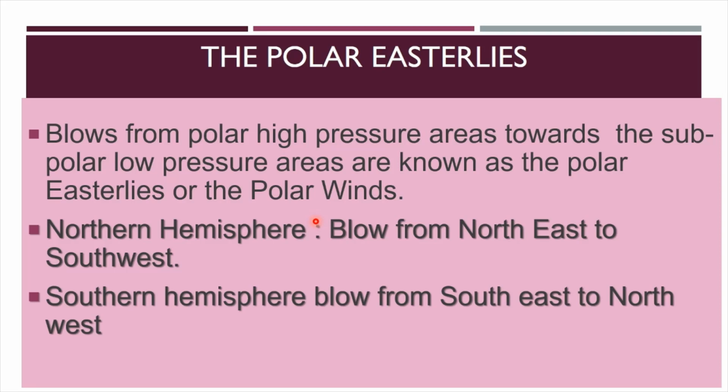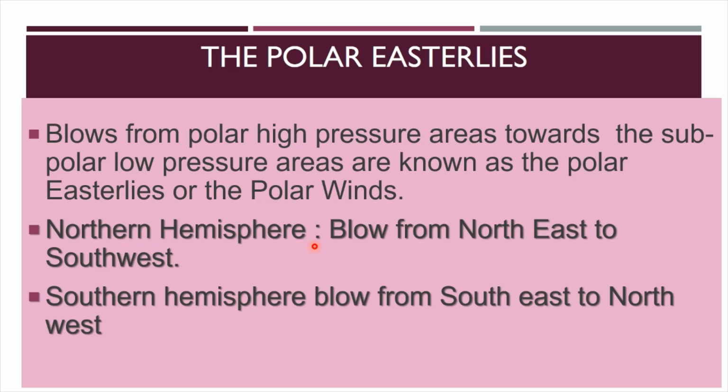These are known as easterlies or polar winds. We already learned about the polar high pressure areas, due to the Coriolis effect. If you have a doubt, you can watch the first video. So these are coming from the east side. That is why the name is given as easterlies, or the other name is polar winds.